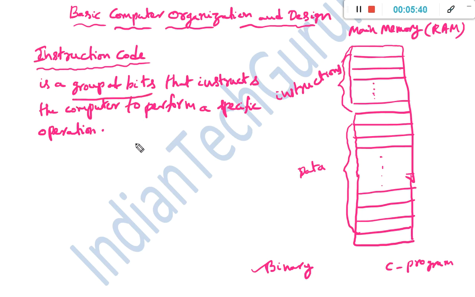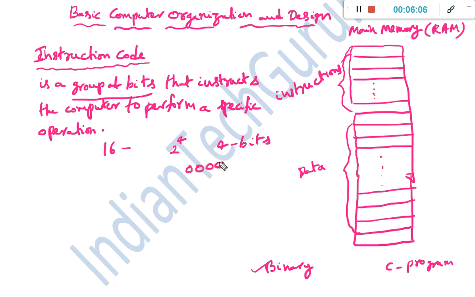For example, assume that in a particular computer system there are 16 instructions, totally 16 basic instructions. So then how many bits we need to represent these 16 basic instructions? So 16 means 2 power 4. So we need 4 bits to represent these instructions. Okay.